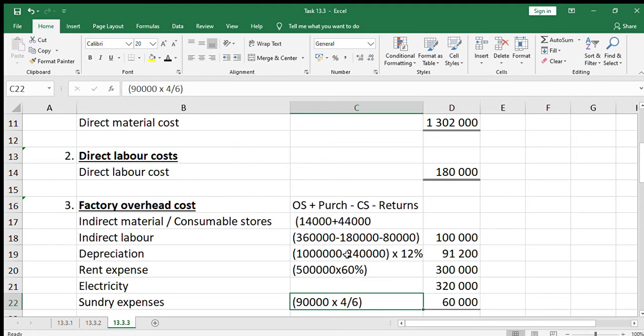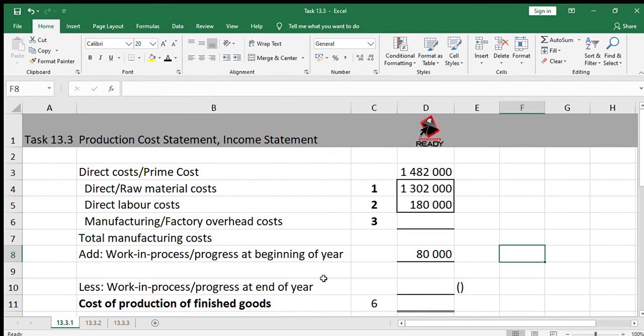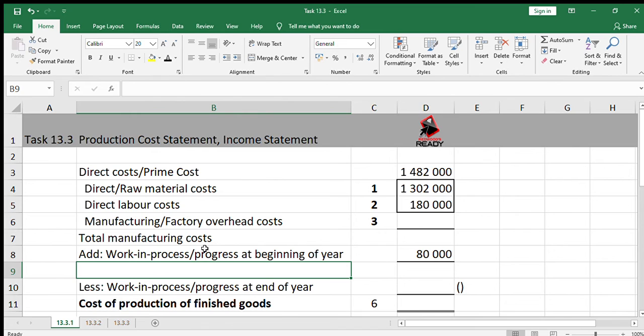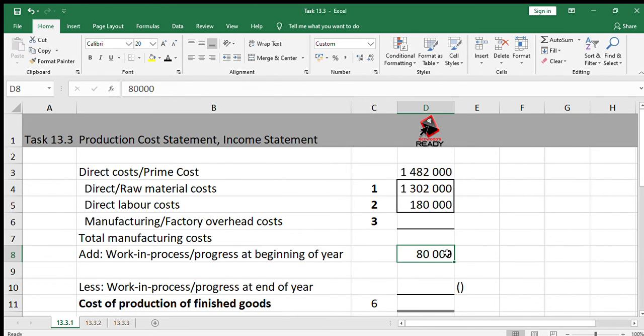factory overhead cost, but let's go and look at what the closing balances are for. Okay, so if you look at the closing balances, the work in progress stock balance hasn't been given to us. There's a question mark there. Now, if you remember from earlier in the question, the work in progress at the beginning of the year we placed here on the production cost statement. Now, the work in progress at the end of the year we're supposed to put in brackets here.